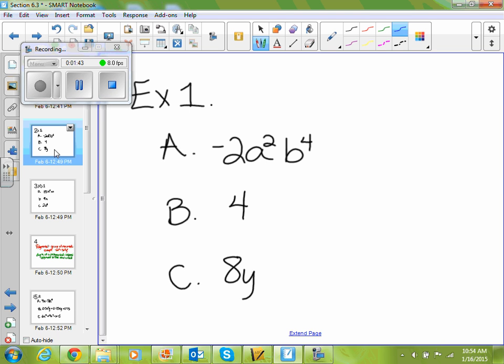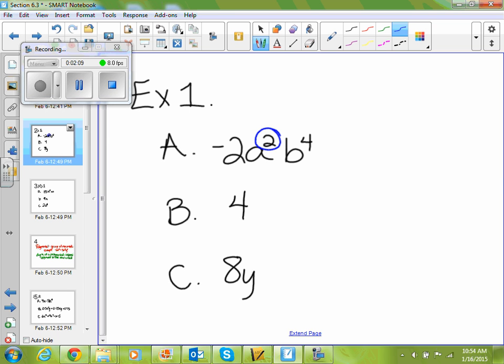So if we look at example 1, A, B, and C, we are looking at different monomials. Remember, they're not separated by plus or minus, so they're one term. So negative 2a squared b to the fourth. We need to find the degree of that, and the degree is found by adding up all of your exponents.